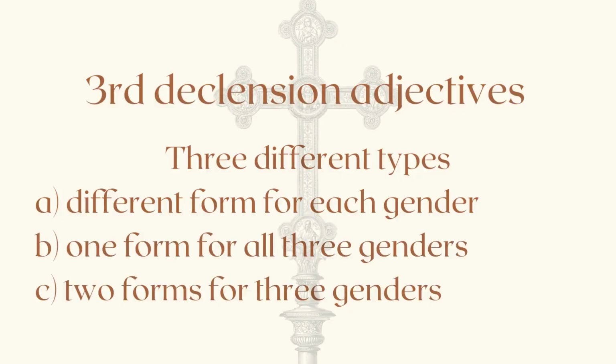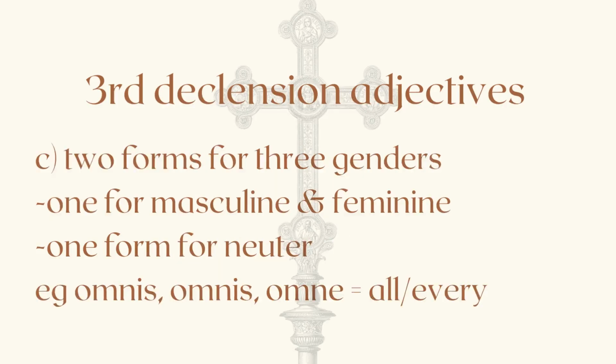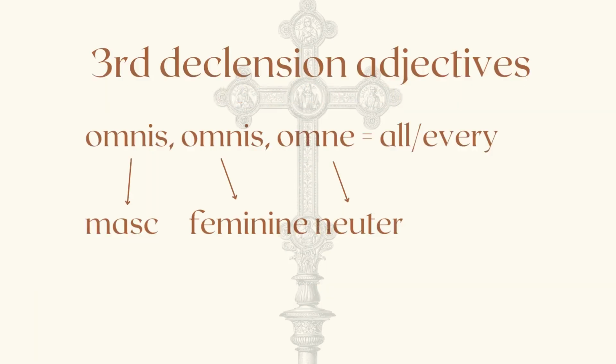The third type of third declension adjective has two forms for the three genders. You'll find one used for masculine and feminine adjectives and another for neuter. An example comes from this lesson's vocabulary, omnis, omne, meaning all or every.